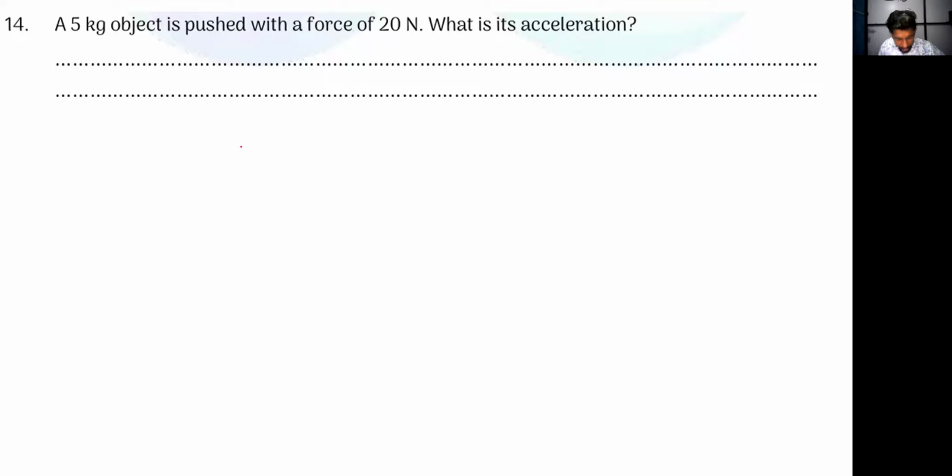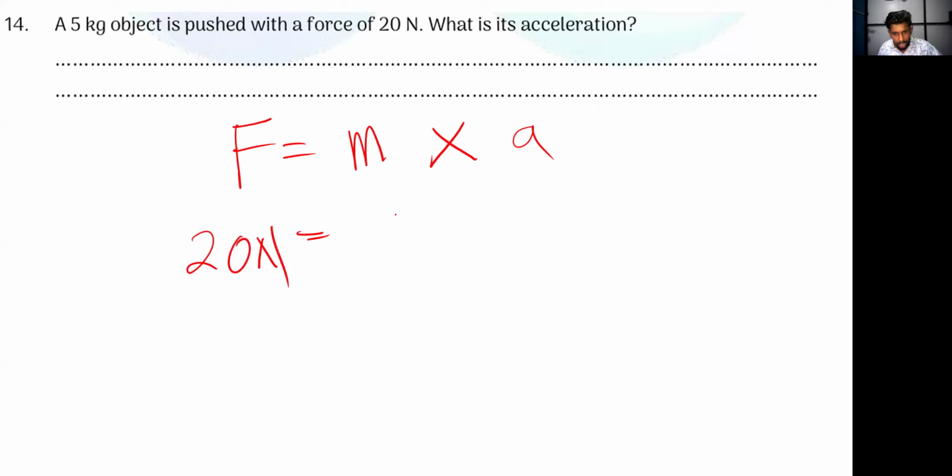First of all, put the equation force equal to mass into acceleration. You know the force, that is 20 Newton. Just substitute the values. Mass is 5 kilograms. You don't know the acceleration.